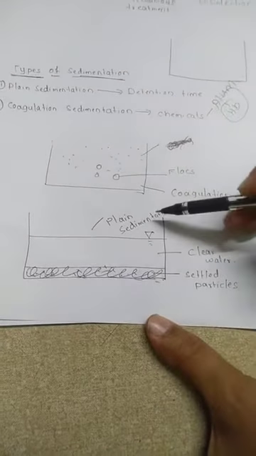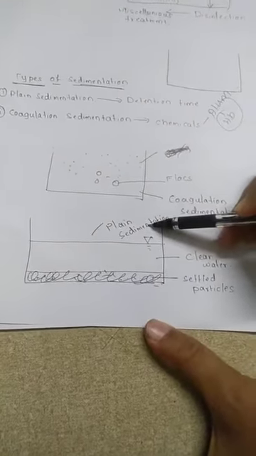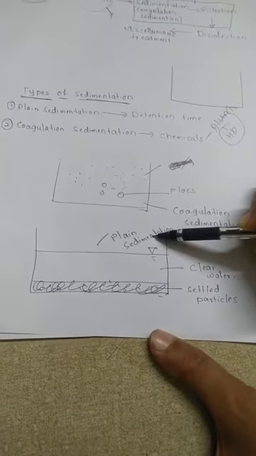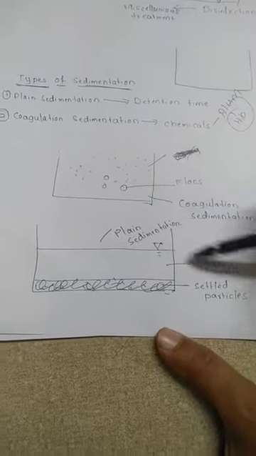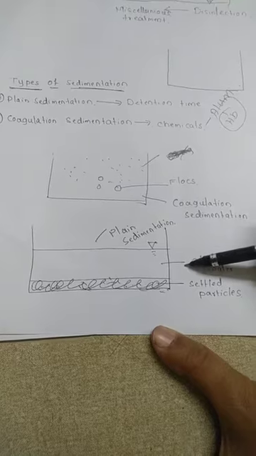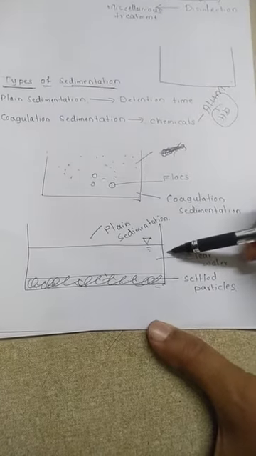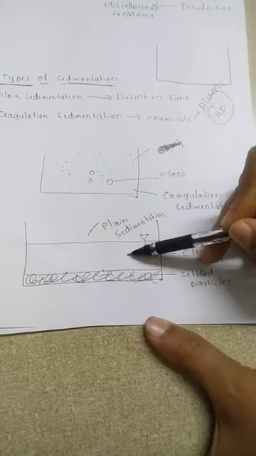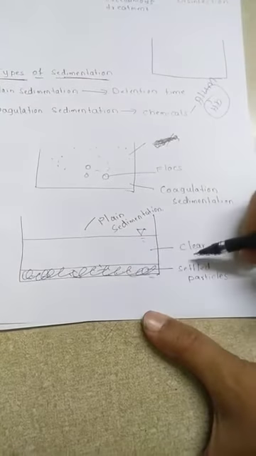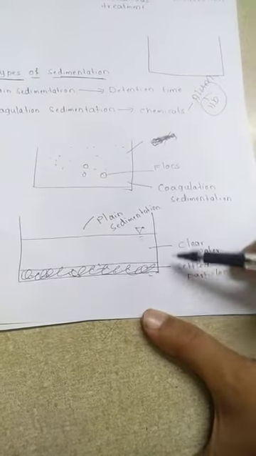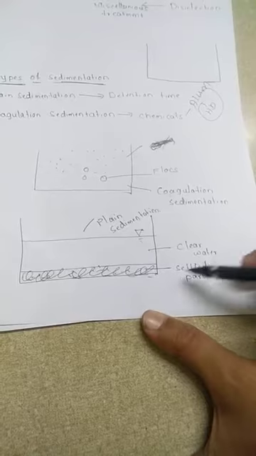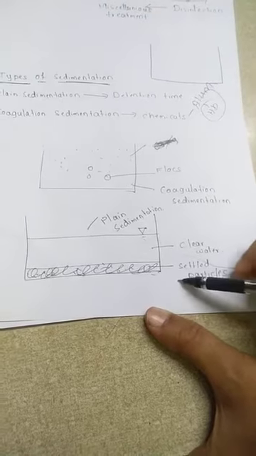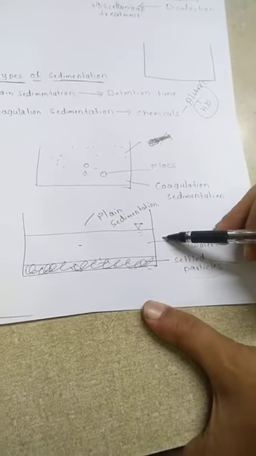After learning plain sedimentation and coagulation sedimentation, theoretically we have shown you the diagram of that. In plain sedimentation, the particles settle down by their own weight. After giving a certain amount of sedimentation time, the particles have settled down, and this is the clear water that we have got.